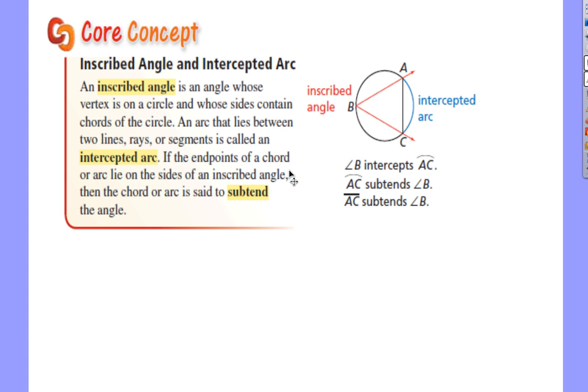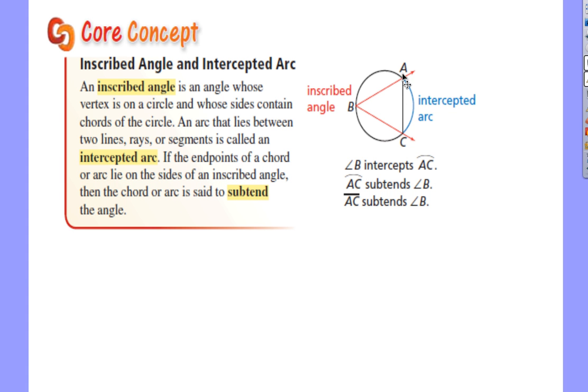Now, if we have a chord that we can connect, and we can always create a chord technically, but if you see this word subtend, if the endpoints of chord AC are at the intersections of the inscribed angle and the circle, that would be considered subtend.